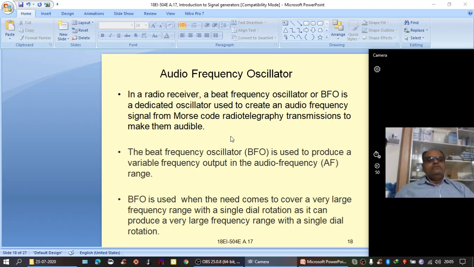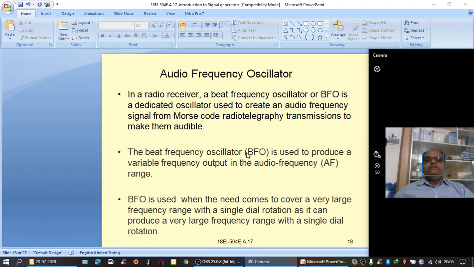Particularly in intelligence services, in order to transmit secret coded information, Morse code would be used, and that Morse code is decoded by this beat frequency oscillator and produces an audio signal. That is, it produces a signal which is audible. That is the beat frequency oscillator's significance.